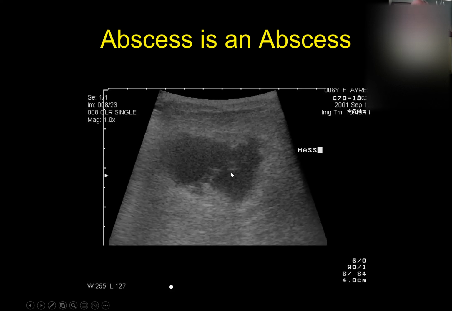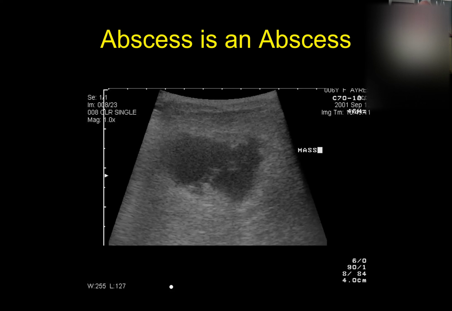Now, think back to pathology, and especially when you're learning about cows and farm animals and things like that. Well, the appearance of an abscess is somewhat dependent on the maturity of the abscess. So, if you have an infection of the liver or subcutaneous tissues and it starts to form pus and become an abscess early on, that's pretty liquidy stuff in there.